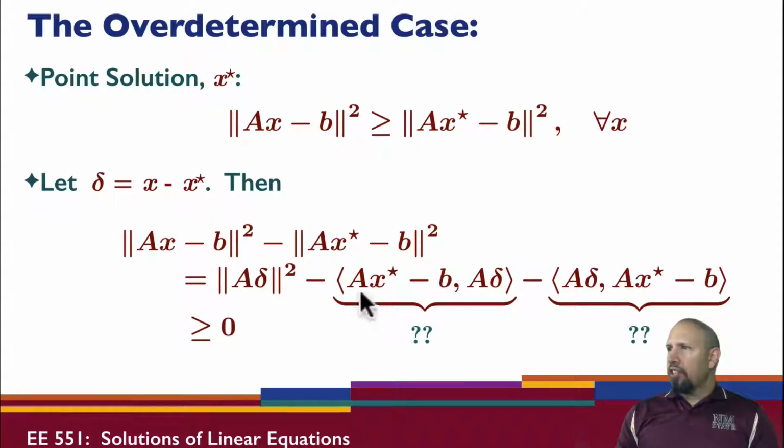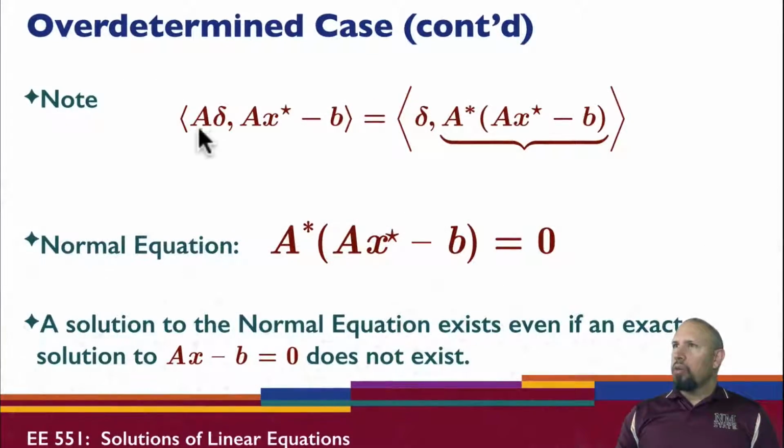One has the Ax star on this side, then A delta, and then this is just the other way around. So this inner product we can show is equal to this inner product. That is, I can take the A over to the other side, and it becomes A adjoint over here. And so this quantity gives us something called the normal equation.